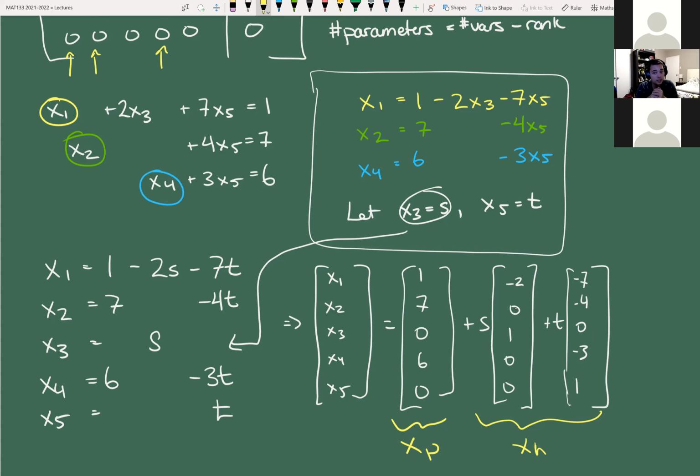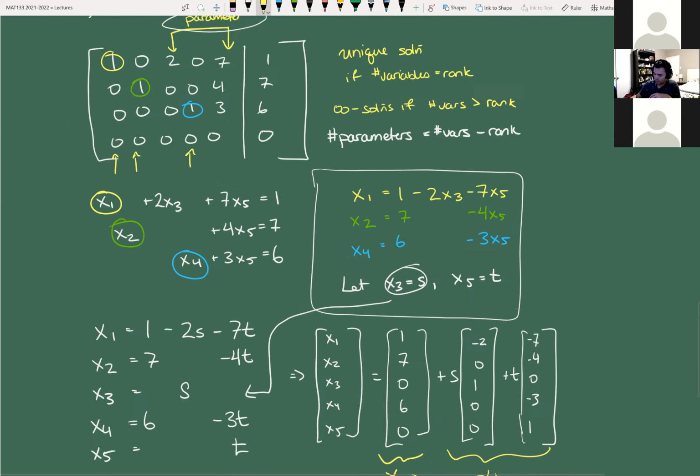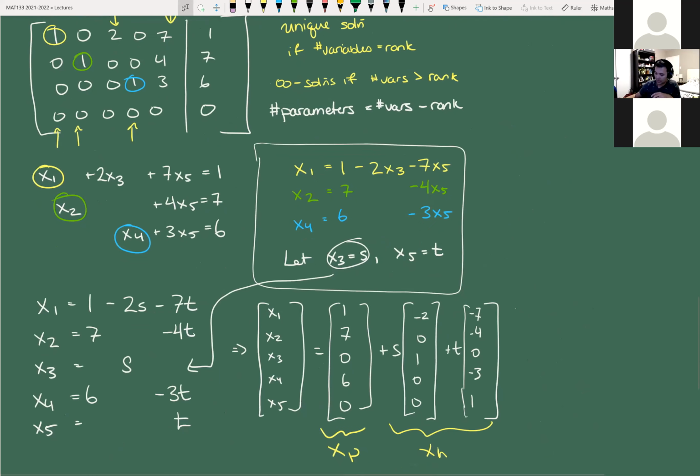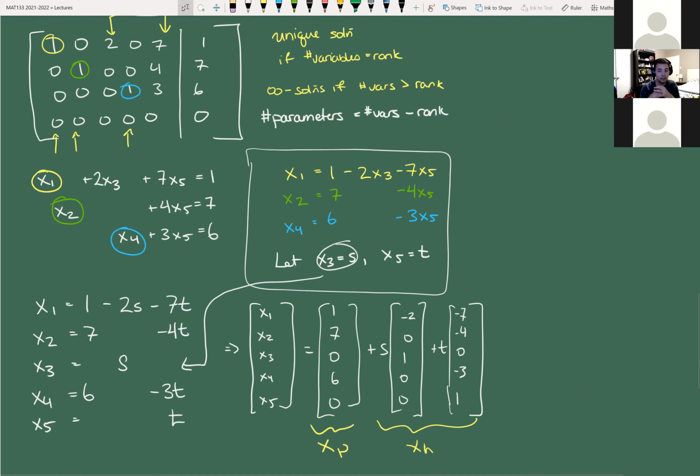Well, this actually is a non-homogeneous system, right? Because remember, homogeneous means that everything to the right of the vertical bar in the augmented matrix is 0. So this is actually a non-homogeneous system. But what the homogeneous part does is if I made that 1, 7, 6, 0, if I made those all zeros, then x_H here would be the solution to that system, right?